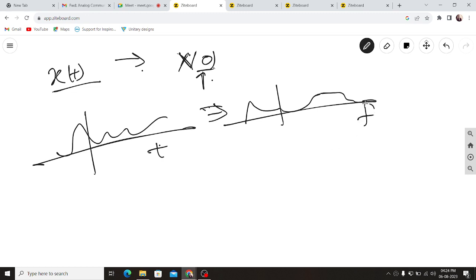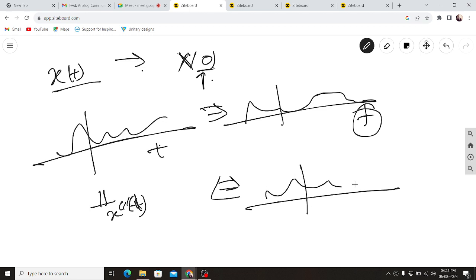The question is, we have x(t), and if we take the derivative of this signal twice, we get x double dash t. Similarly, it will be reflected in the frequency domain also, so some different signal will come here. This is X(f), this is x(t), and this is x double dash t.